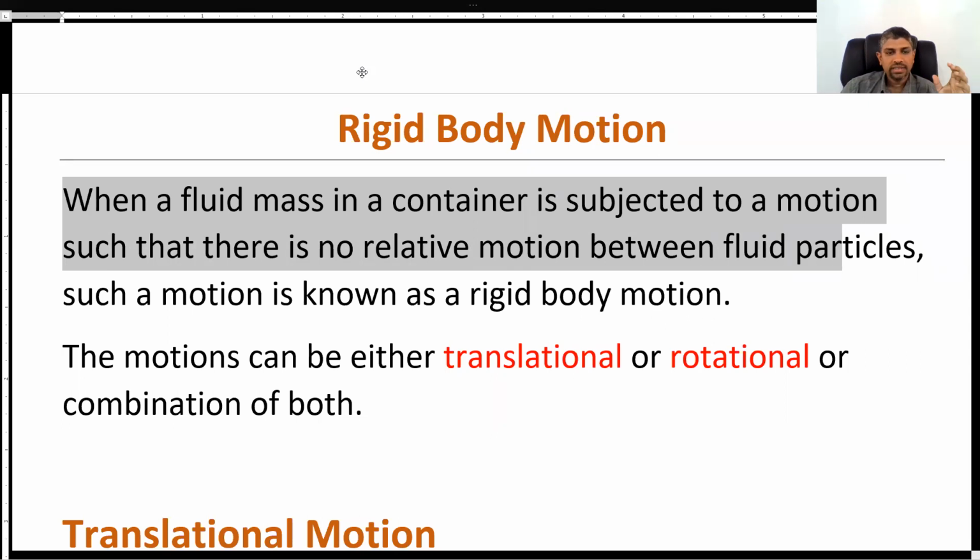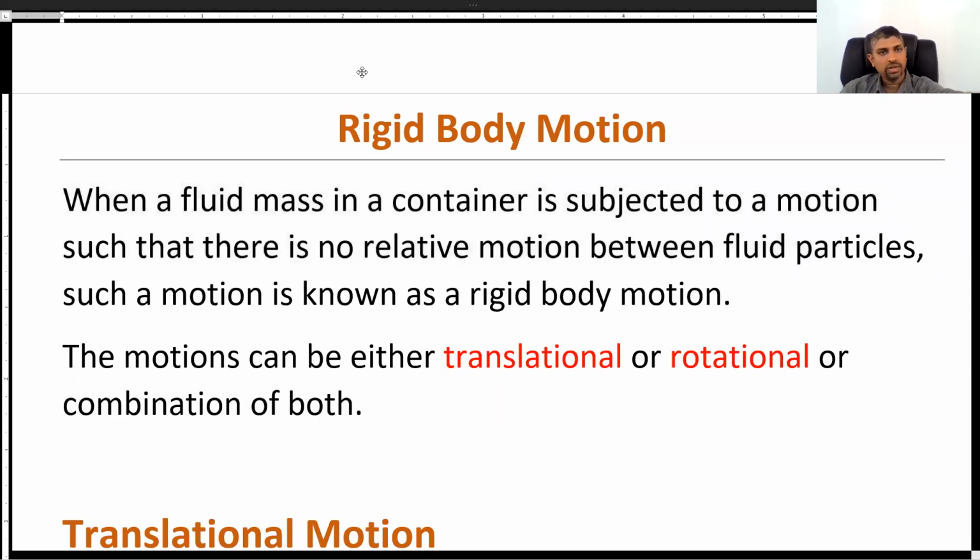When a fluid mass in a container is subjected to a motion. Shall we write down the definition?